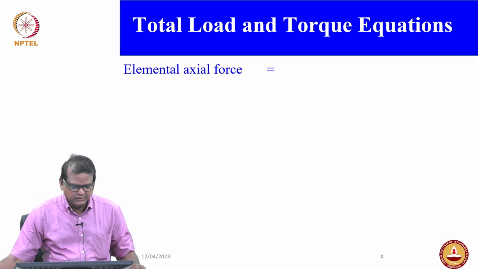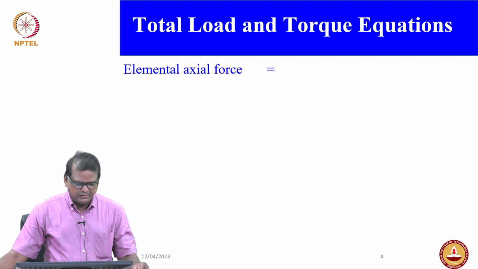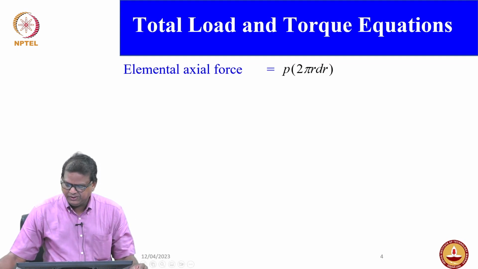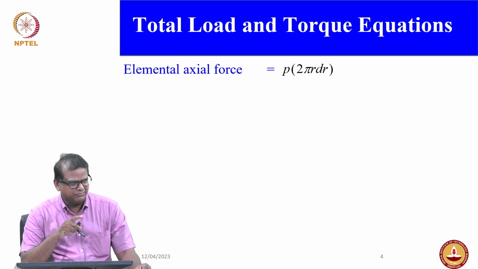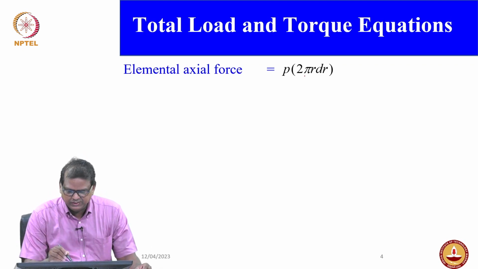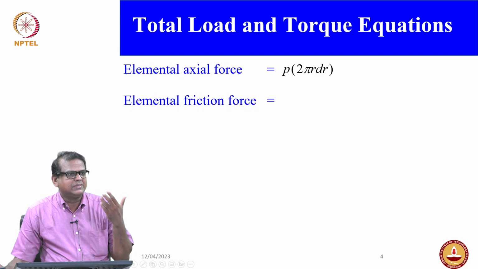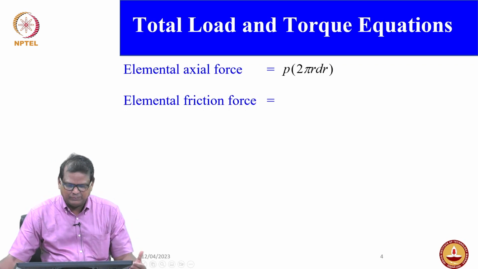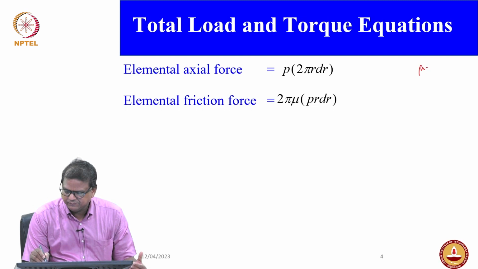Before that, I will try to get the basic equation for the force aspect. In the elemental area, the force would be the pressure intensity times the circumference. So, you can see p into 2 pi r dr, that is the elemental axial force. If it is a frictional force, you have to multiply with your coefficient of friction, mu, the coefficient of friction of the friction lining.